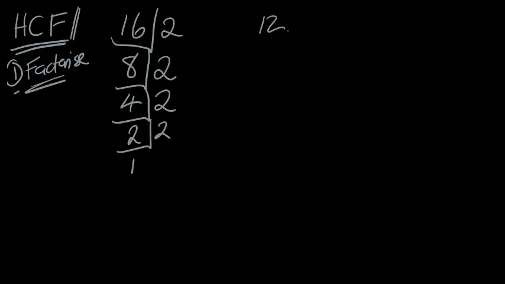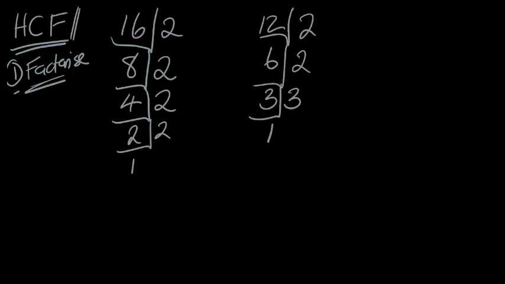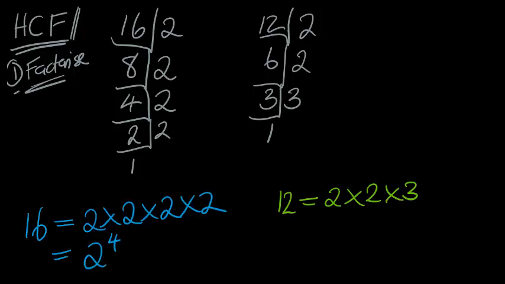For 12, I'm going to say 12 divided by 2 gives me 6. 6 divided by 2 gives me 3. 3 divided by 3 gives me 1. I'm done. So the prime factors of 16 are 2 times 2 times 2 times 2, which is 2 to the power of 4. And the prime factors of 12 is going to be 2 times 2 times 3, which is going to be 2 to the power of 2 times 3.